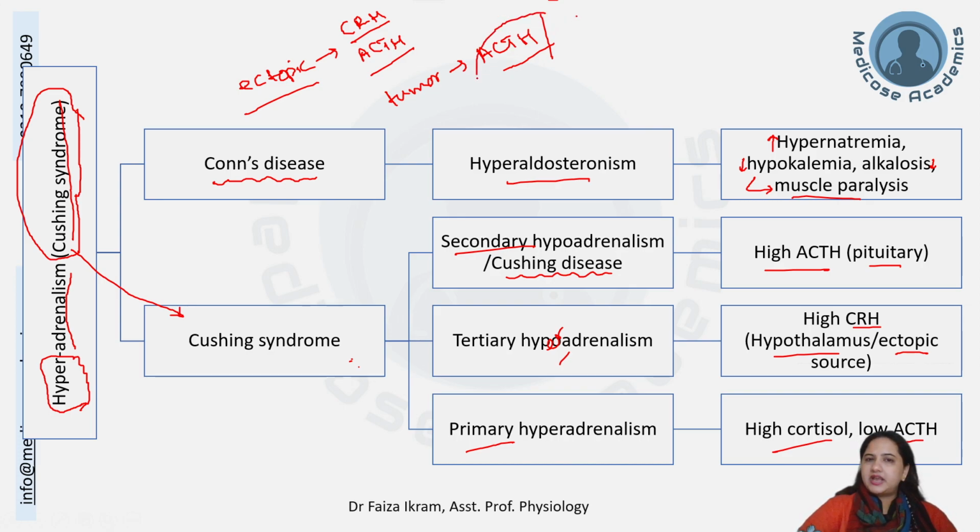Although this is secondary hyperadrenalism, still this is not Cushing disease but Cushing syndrome, because this is not because of the pituitary but because of the high ectopic ACTH. Here you can also add ectopic ACTH. So the primary, secondary and tertiary hyperadrenalism.